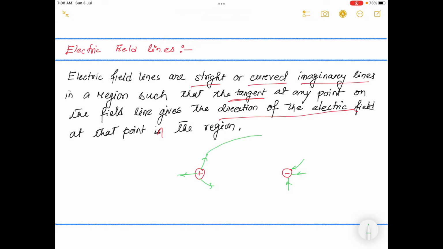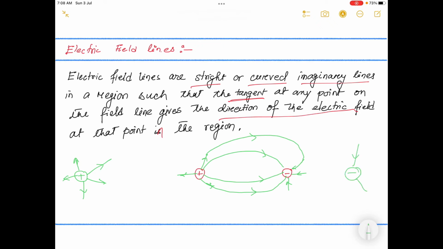And you can draw the electric field line this way, from positive charge to negative charge, right? From the positive charge, electric field lines go radially outward.